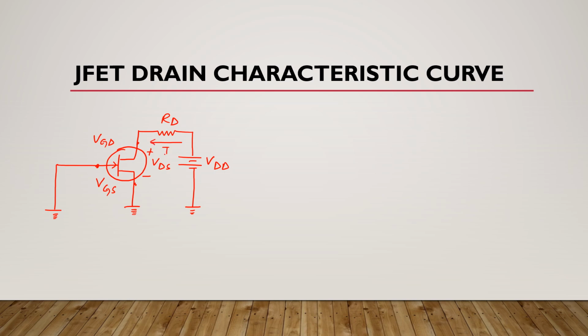This is ID. So this is your transistor configuration. As you can see, this gate and this source are grounded. It means here VGS is 0, which is the gate to source voltage.